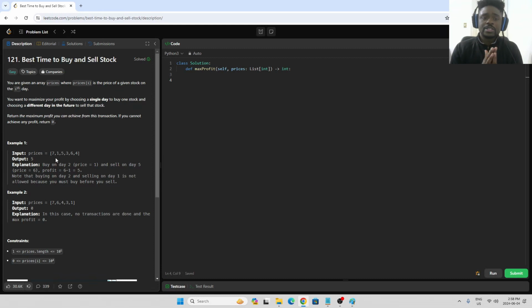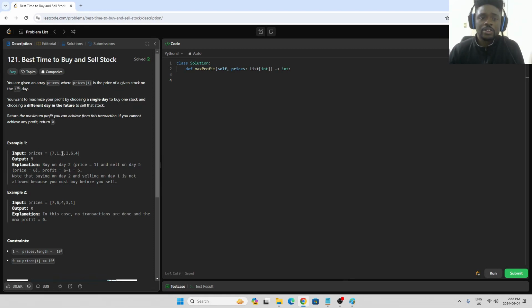Why? Because that means that the price of the subsequent day has a possibility of us attaining a greater profit than we could have had if we were to shrink the window. So that's essentially the condition.